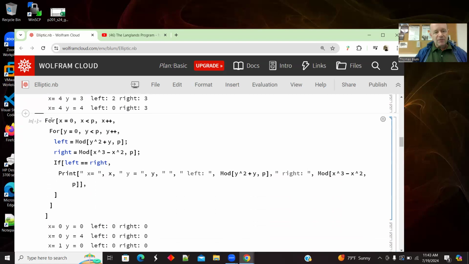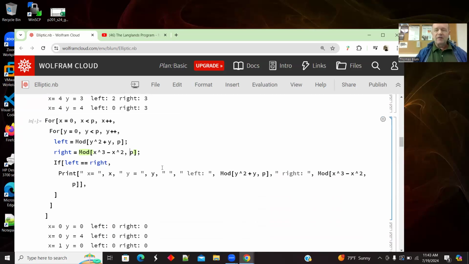Okay, so here's my outer for loop on X, my inner for loop on Y. I'm doing multiple things, so they're separated by semicolons. I am calculating the left-hand side, I'm calculating the right-hand side, and then I'm bringing in an If.